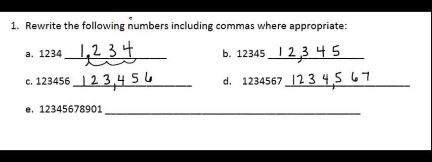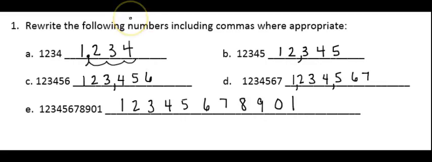I would put a comma between the 4 and the 5 and a comma between the 2 and the 1. I would read this number as 1,234,567.